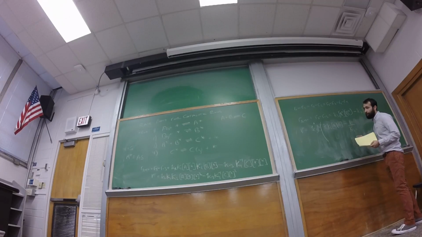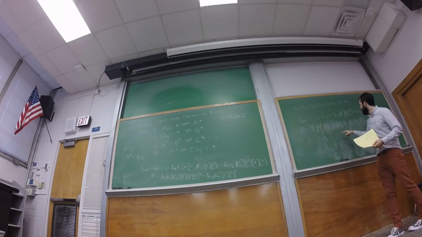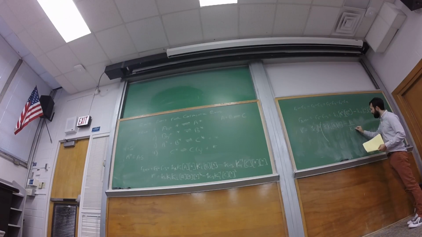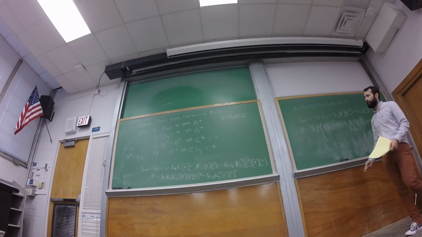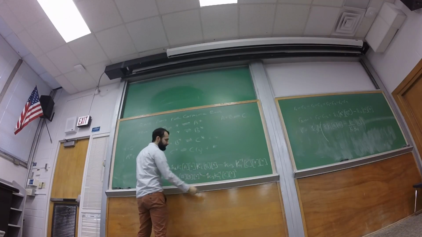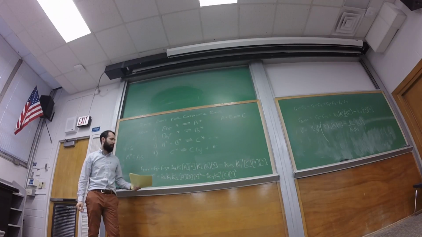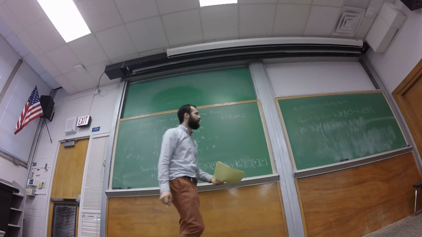But they don't like to show reverse rate constants for some reason. They always bring the forward rate constant out, and then they put the equilibrium constant here. So that's what their version looks like. It's the same thing here. You're just factoring out K minus 3, or you're factoring in a K3. So you get K3 over K minus 3.